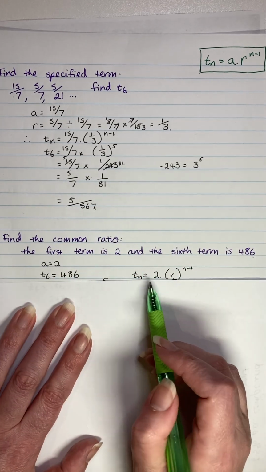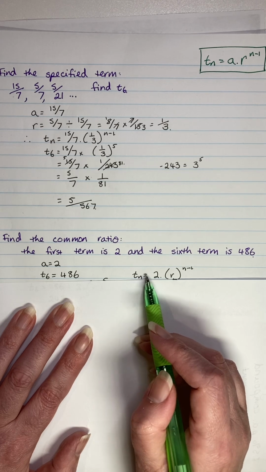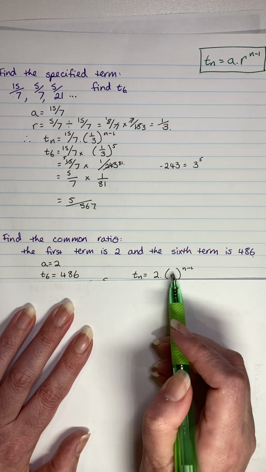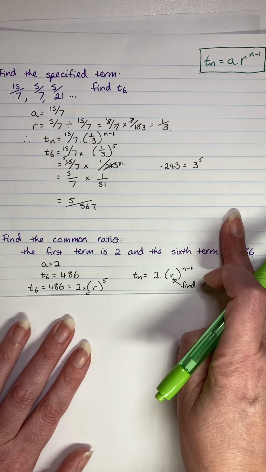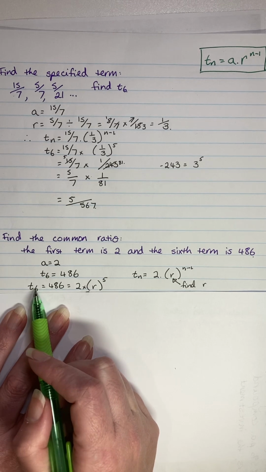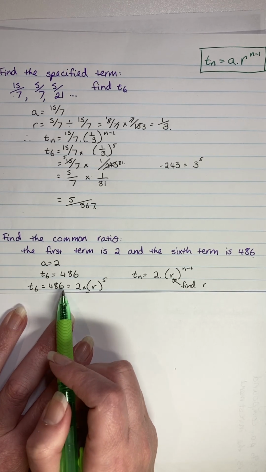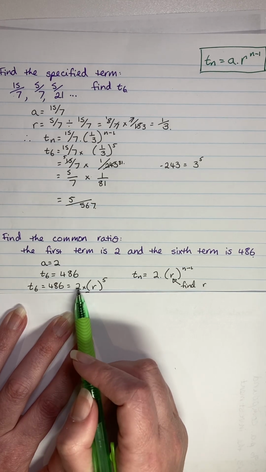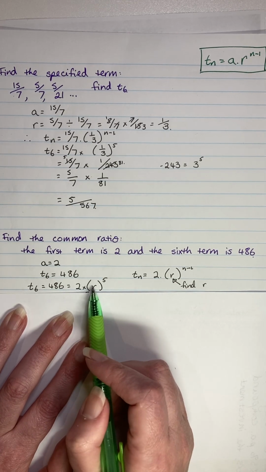So that means that our equation for this is going to be Tn equals 2 times R, which we don't know yet, to the n minus 1. We put in the values that we've got. We know that T6 is 486, so we put that in here. 2 we know is our first term, and we leave R here.